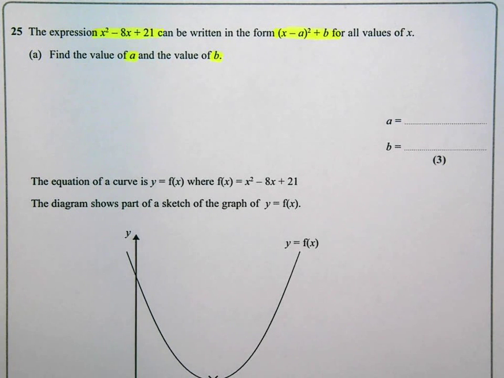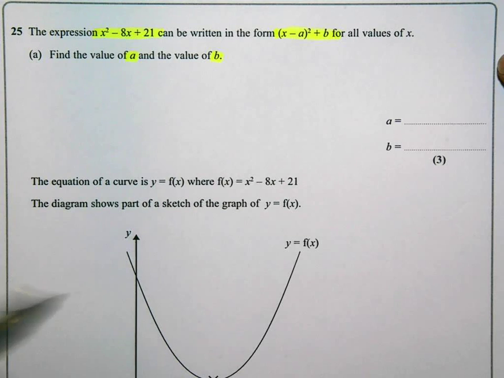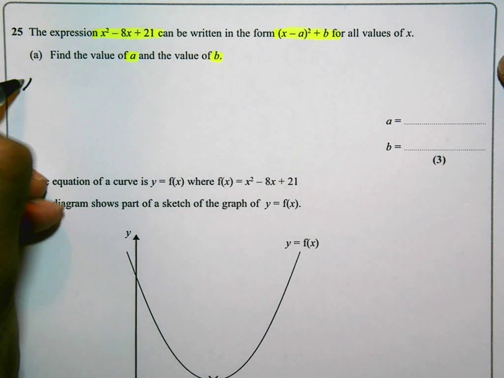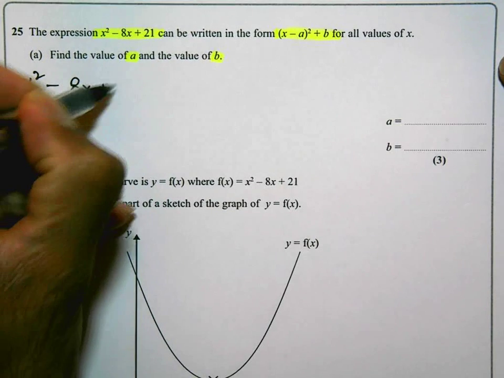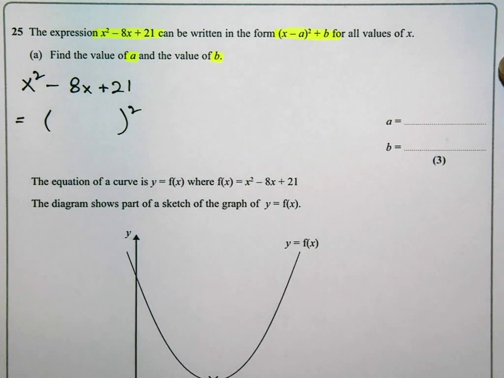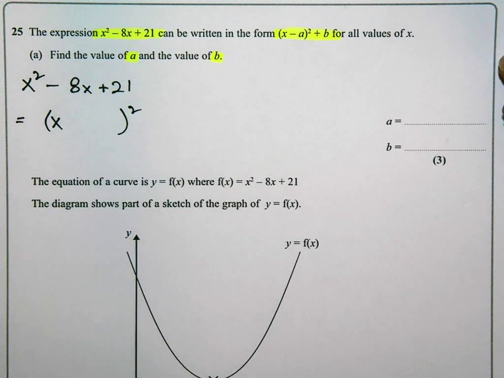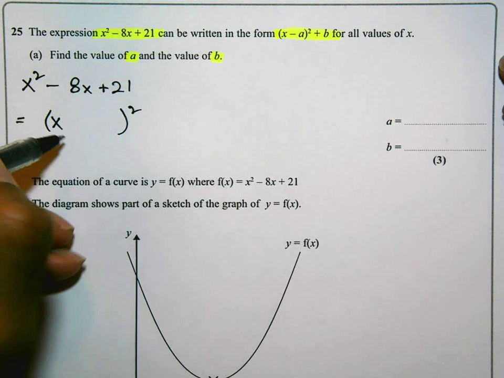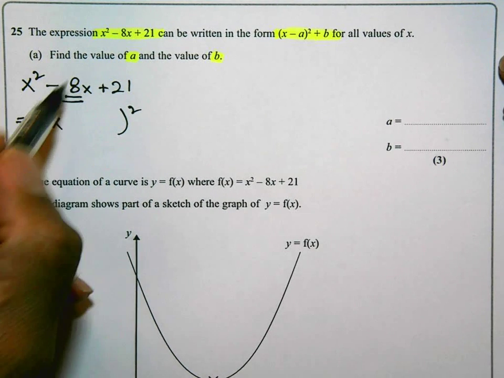Now, what is pretty straightforward about this question is, if you understand what to do for completing the square, because what we have is a quadratic expression, x squared minus 8x plus 21. To complete the square, I need to form a square expression, and the test for that is pretty standard. I'm going to put x there, and I'm going to put half of whatever is in front of the x term.